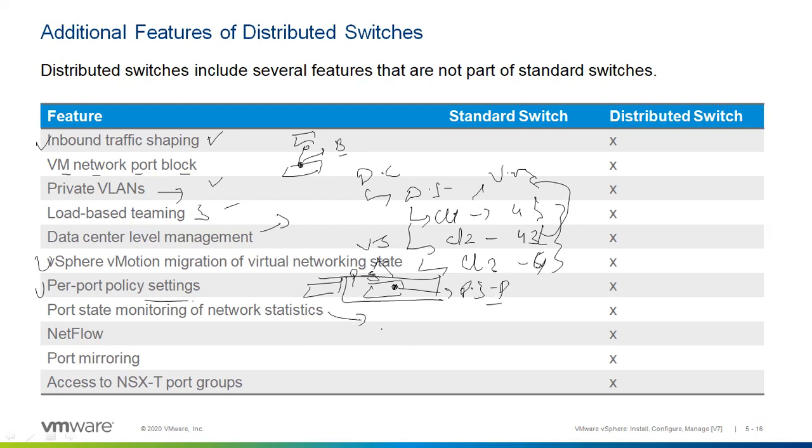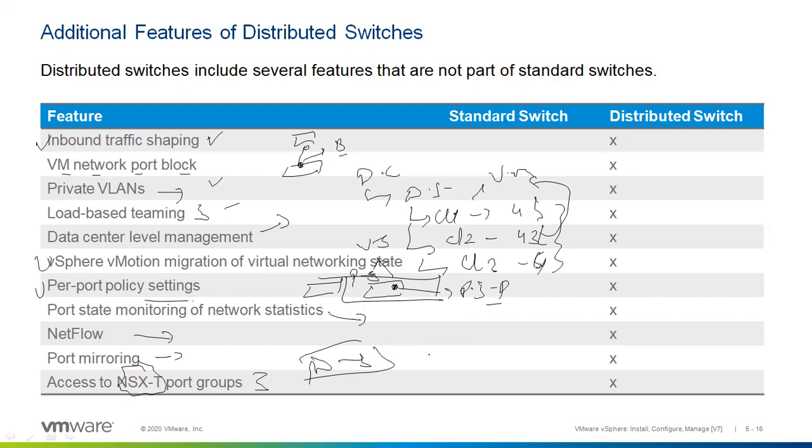Port state monitoring shows what is happening with a port: used, unused, disabled. NetFlow, port mirroring, and access to NSX-T port groups. It means that if we are using NSX-T, the advanced networking done by NSX-T, another SDN component, can be seen in the DVS but cannot be seen in the standard switch.